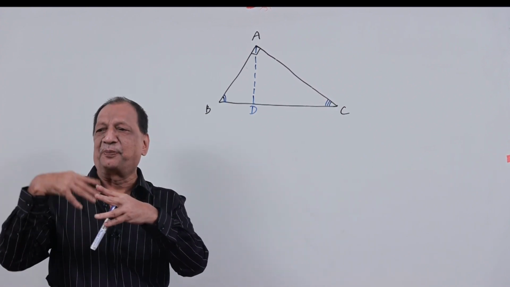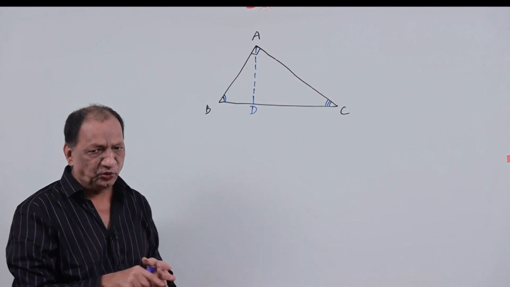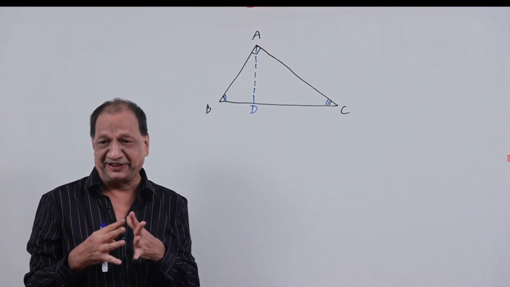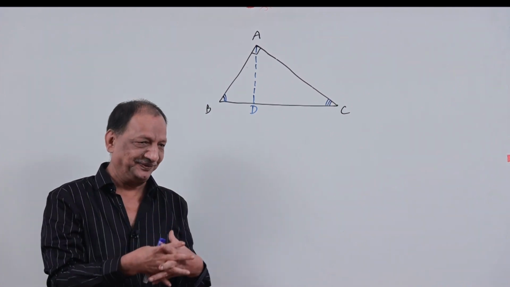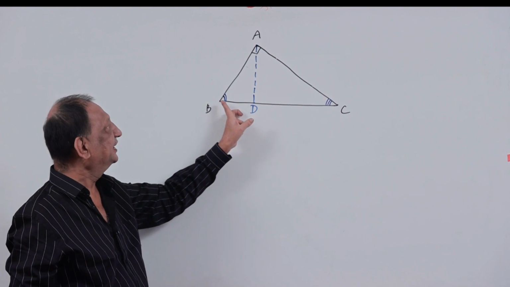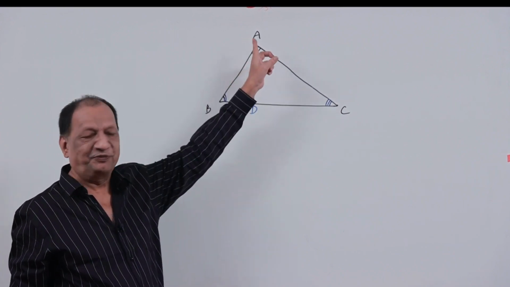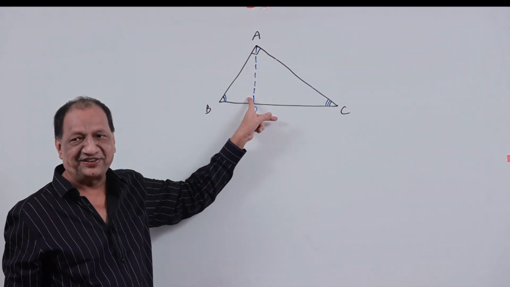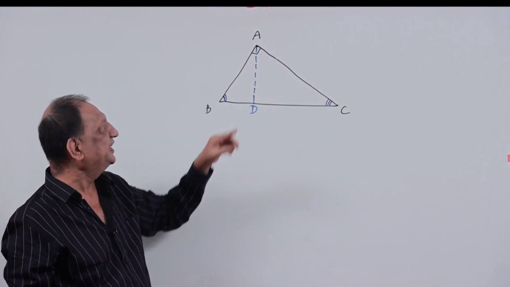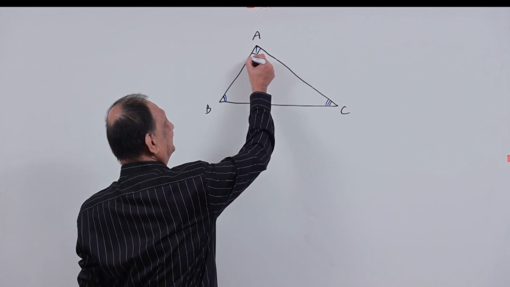They complement each other to make up 90 degrees. And two angles which add up to 180 degrees are called supplementary. So these two are complementary angles. Same way, in the triangle ABD, which is also a right angle triangle, D is the right angle there. Therefore, what is complementary to B is this angle here.